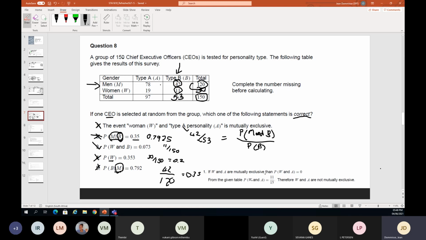The way you check it is, remember for dependency, let's say type A times the men, that must be equal to the A and B, or A and M. So if you say type A times M, the probability of M, it should give you basically what is the and.